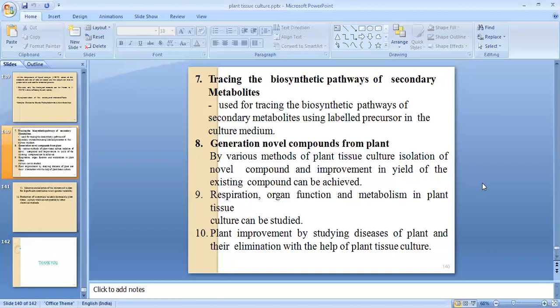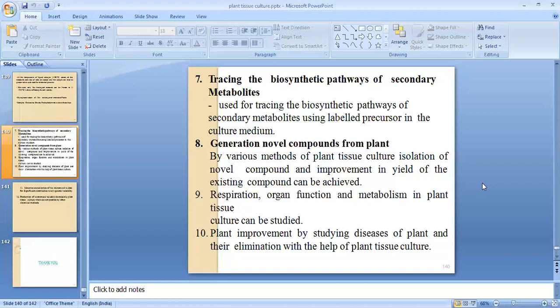And the next application is generation of novel compounds from the plant. The novel compound can be obtained and improvement in its yield also can be done. And as I already told you, the various functions of the plant tissues and organs, like respiration or any other metabolic functions, can be studied by plant tissue culture.